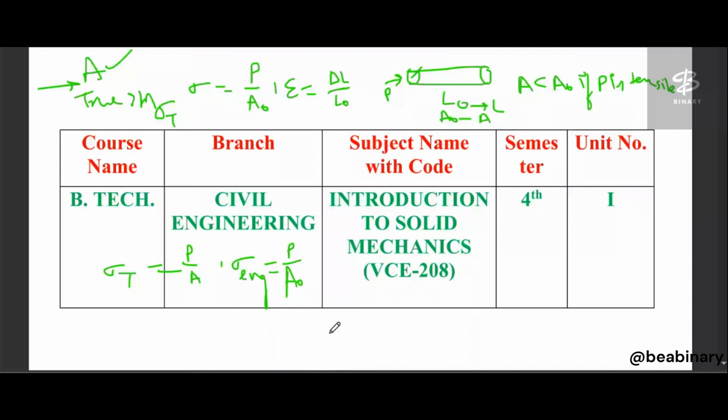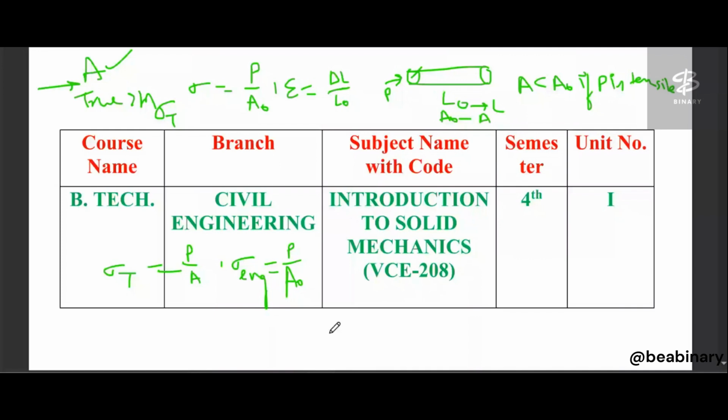If we have taken the original area, then this is called engineering stress. If we have taken the varying area, meaning the area at any instant, that is called the true stress.